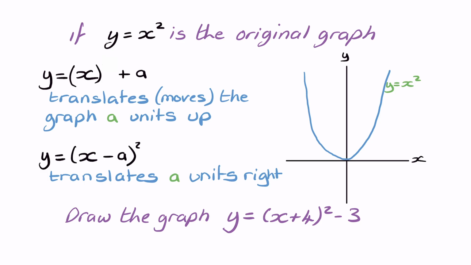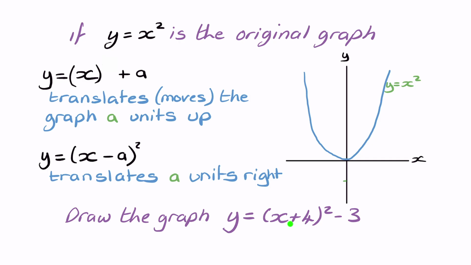I'll quickly show you one example. So you could be asked to draw the graph of y equals (x + 4) squared minus 3. So with that, we have to move the graph negative 3 in the y direction. So that means we're going to bring it down, say that's negative 3.